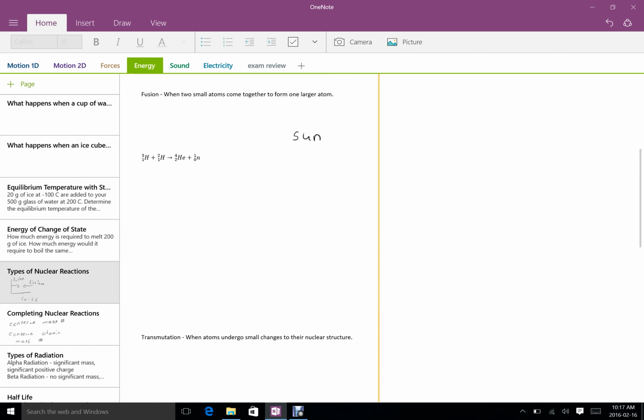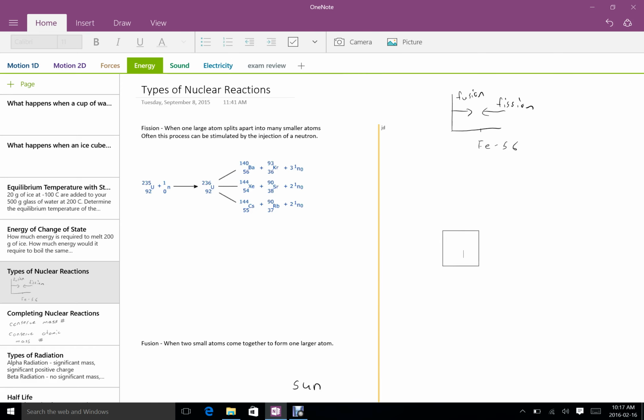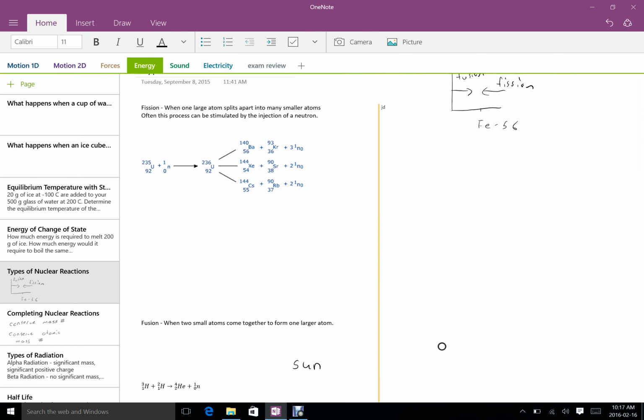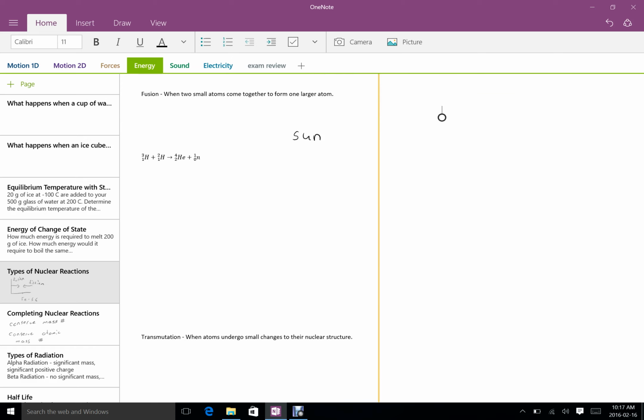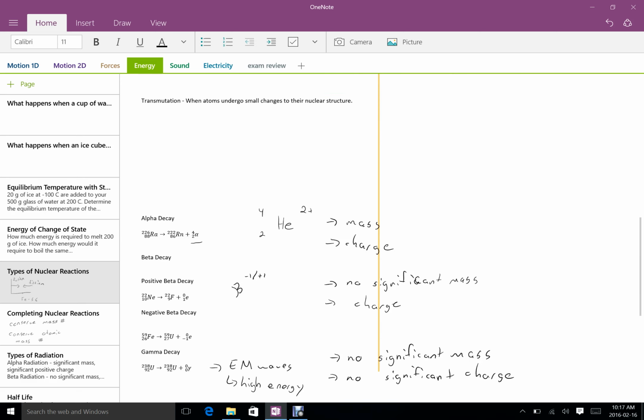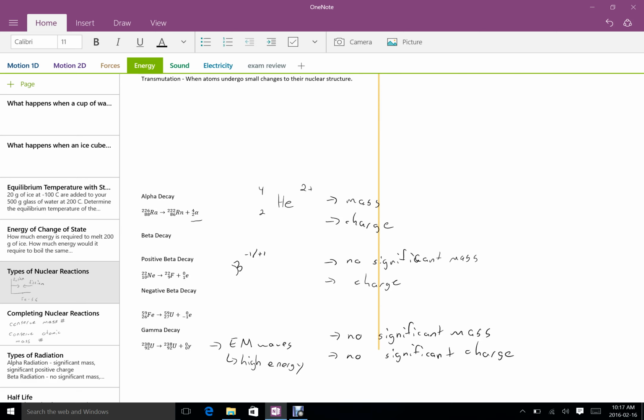So again, big stuff splits apart into little stuff. That's called fission. Little stuff comes together to form big stuff. That's called fusion. Transmutation, small changes occur, more like these are sometimes called staircase reactions, where there's very small changes, and so it's just like a staircase where you change your height slowly over time. These can be further classified into 3 basic kinds.